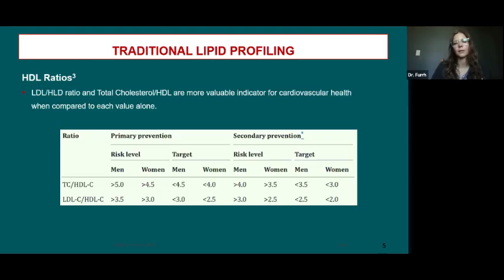This table down here, again, is just an example. Depending on your source literature, you'll find different cutoff points, but there are established values that show you have a higher risk of cardiovascular events the more bad cholesterol or LDL you have compared to HDL.